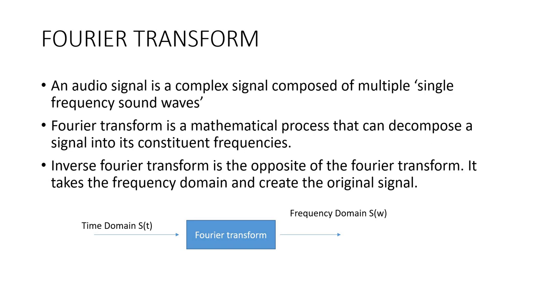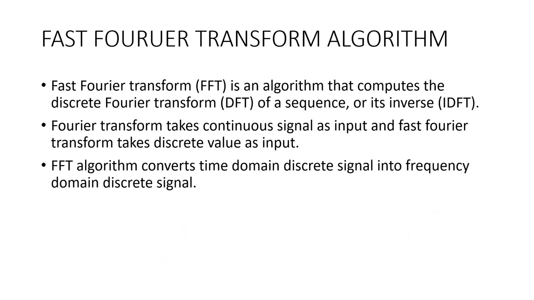Fourier transform takes the time domain function, a function of t, and converts it into the frequency domain, omega, where omega is equal to 2 pi f. So Fourier transform converts the time domain into the frequency domain. Inverse Fourier transform converts the frequency domain into the time domain.